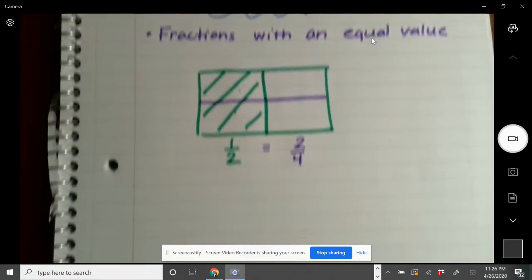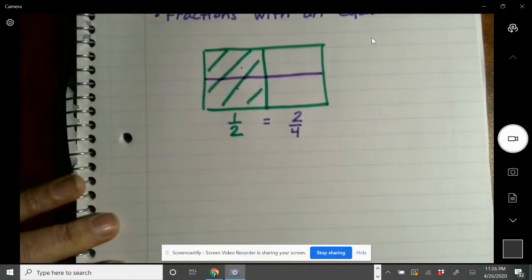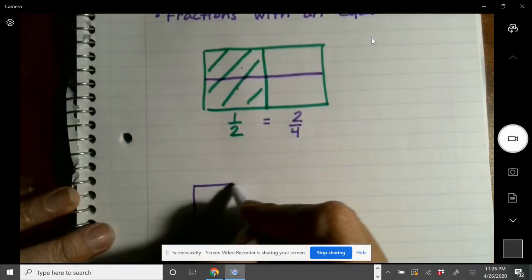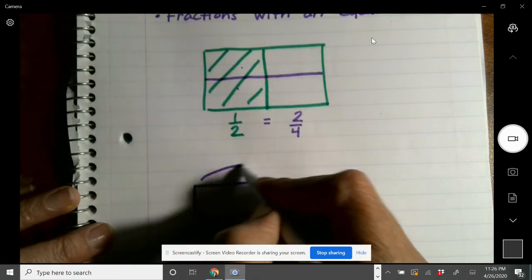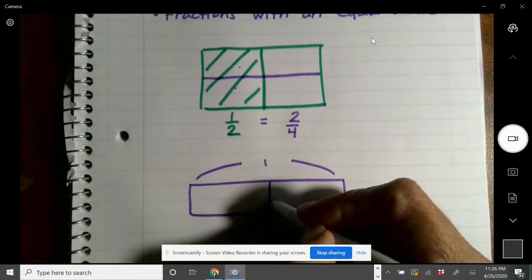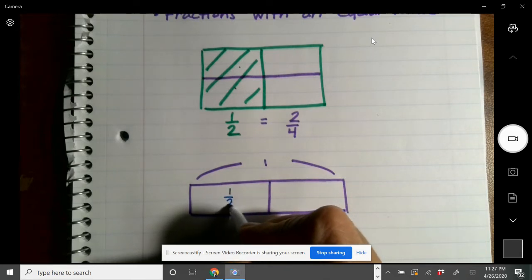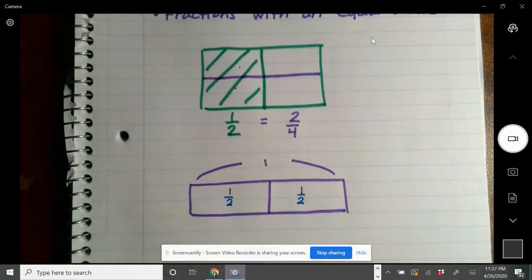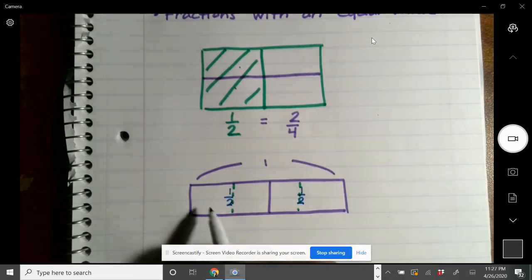Another way that we looked at that was with our famous tape diagrams. And we took our tape diagram, and if my whole diagram represents 1, and I'm looking at halves, that means each piece here represents 1/2. And I could take each half and split it in half, so that now I have fourths.